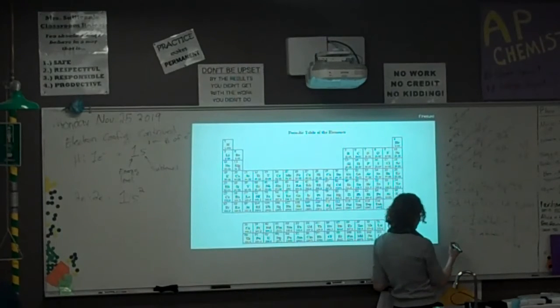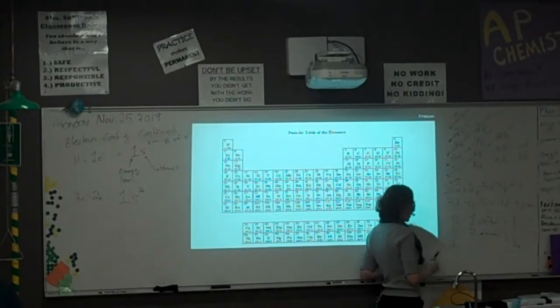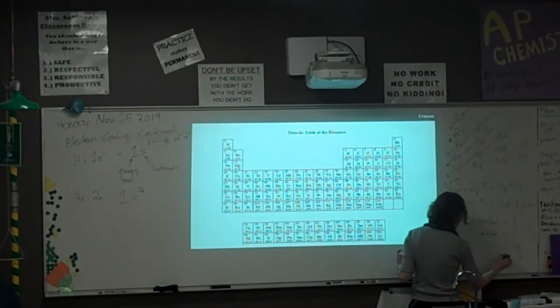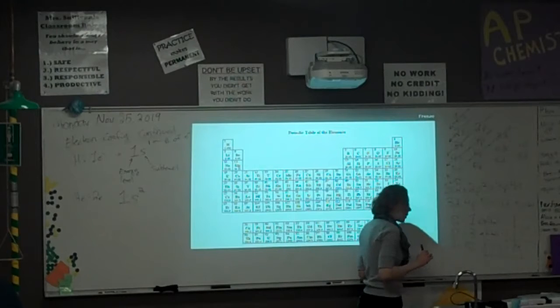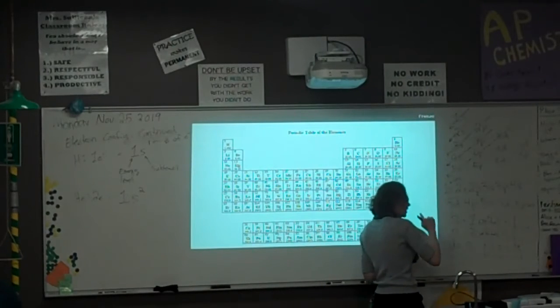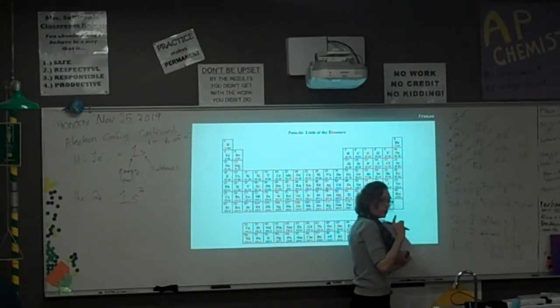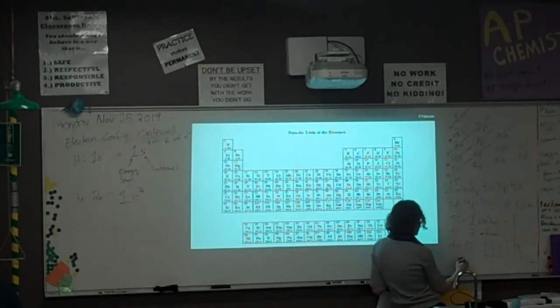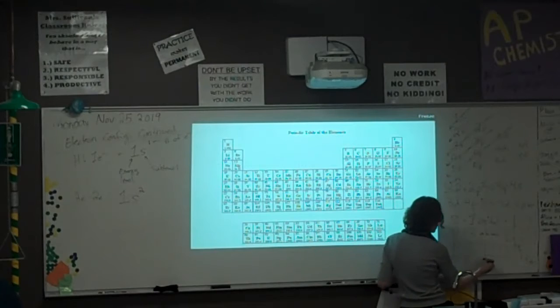Let's go through the other ones. This is good practice. So the D has 5 different orbitals. So I could draw those as 5 different boxes. How many total electrons could fit in a D sublevel? 10. And then the F, turns out it has 7 different orientations.